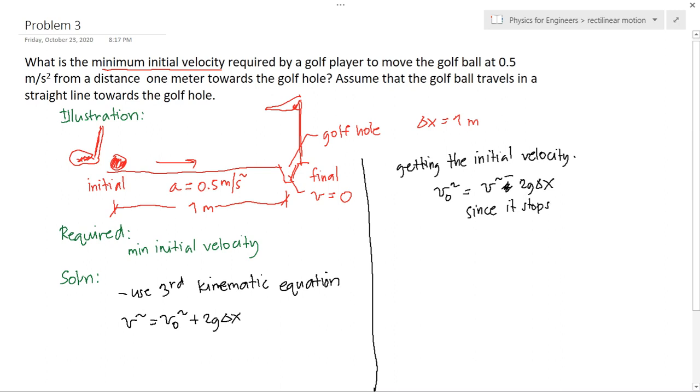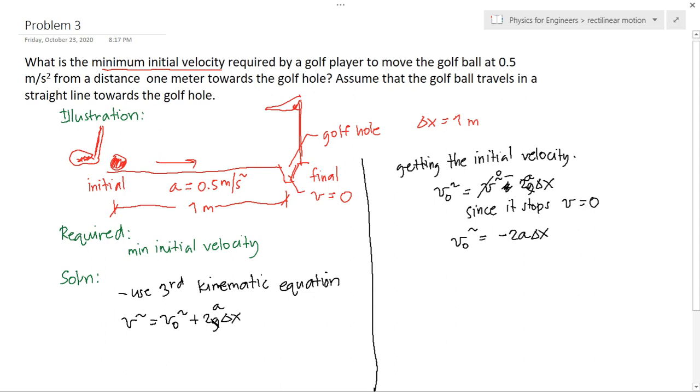Since it stops already, our final velocity is equal to 0. Therefore this becomes 0. So we now have v naught squared equals negative 2a delta x. It's not g, it's a, because g is used in free fall. So v naught squared equals negative 2a change in x.